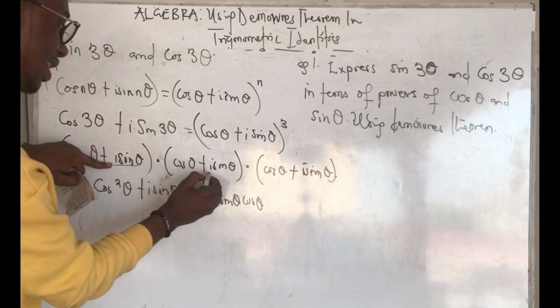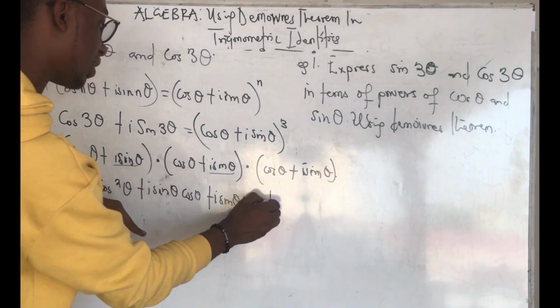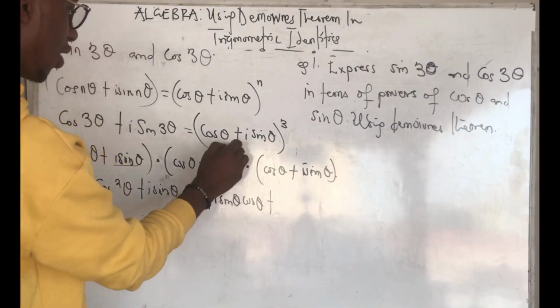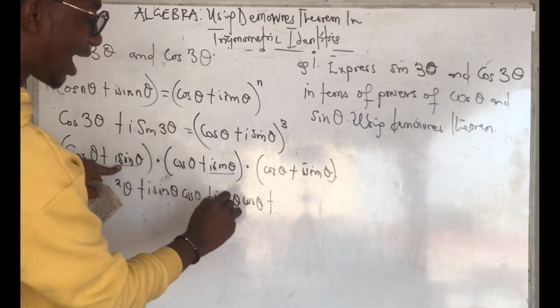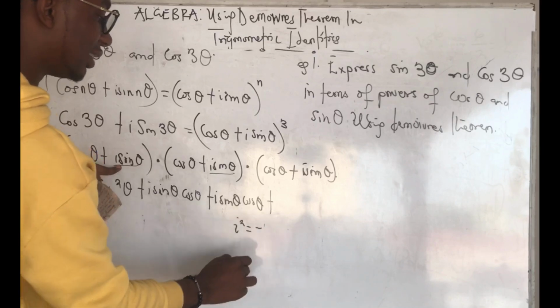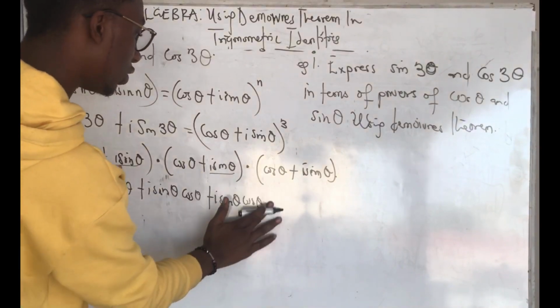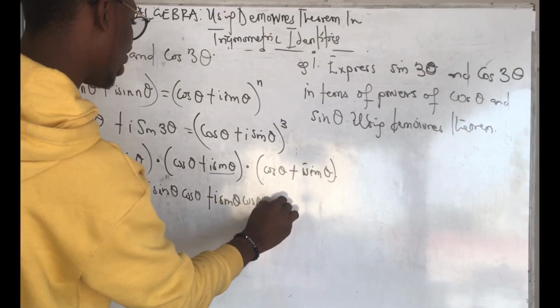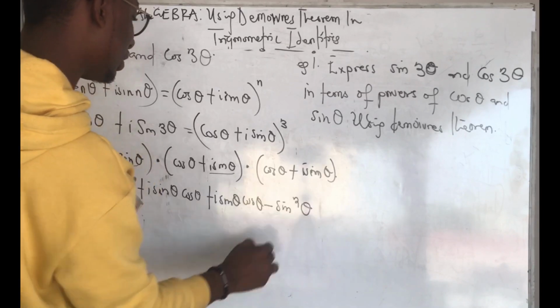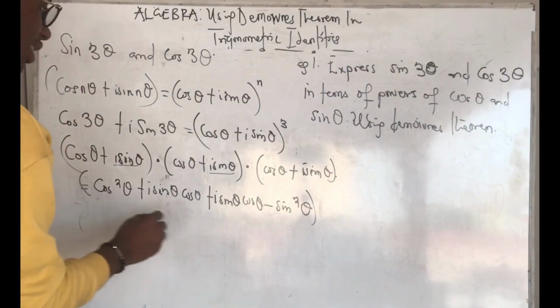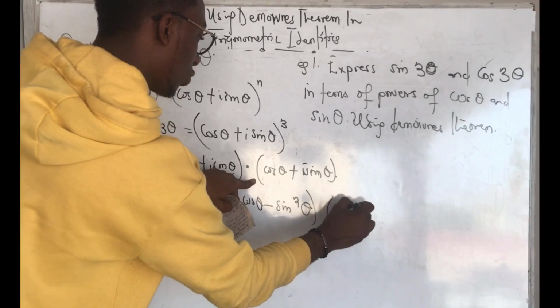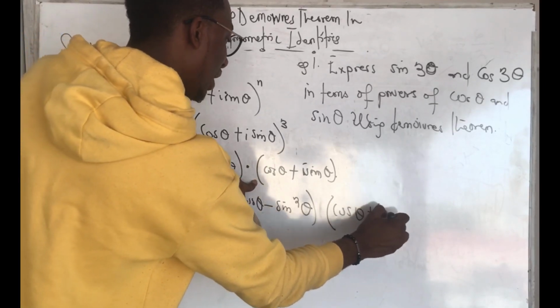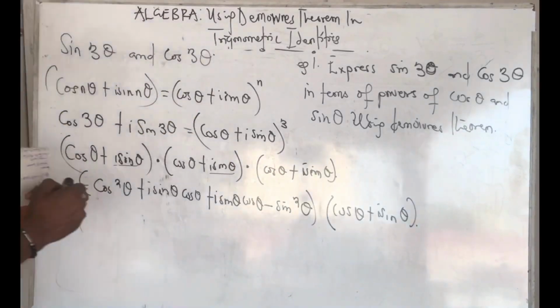Now we come to this here and here, and we have plus i square, and i square is equal to negative 1. So because it's negative 1, we get minus sin square theta. We are done with this, and we multiply it with the last one, which is cos theta plus i sin theta.